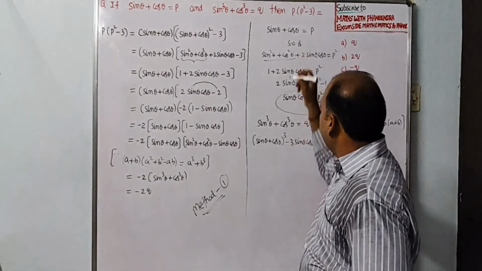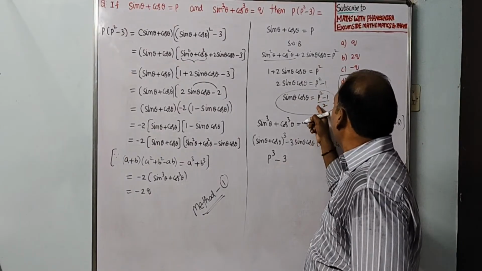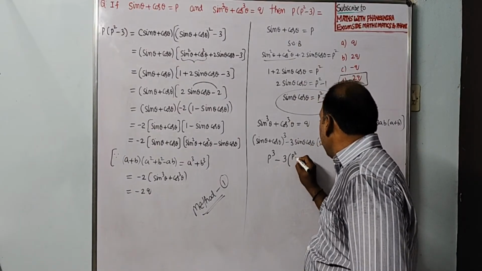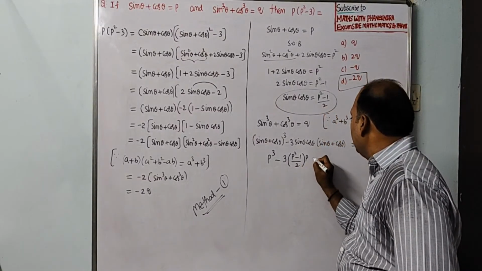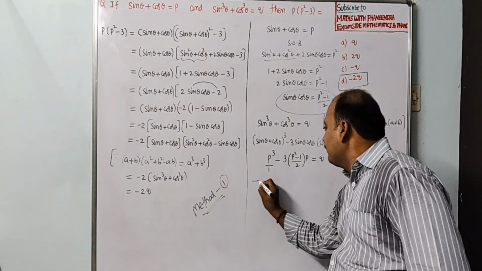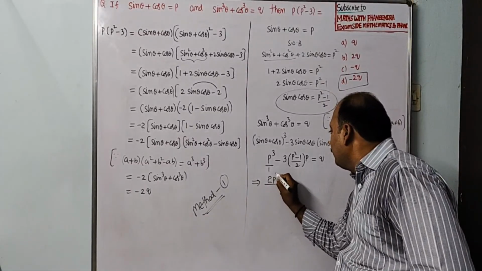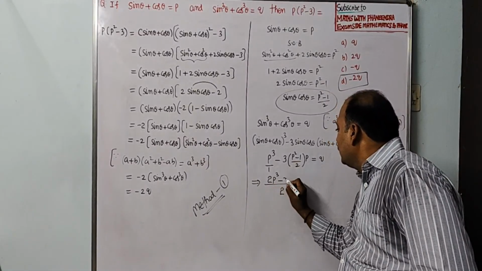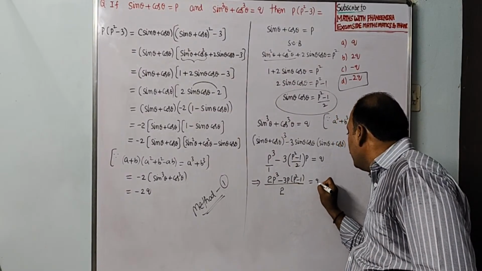So sin theta plus cos theta is p, no? So p cube minus 3 into sin theta cos theta value, this one, p square minus 1 divided by 2, into this value is p, is equal to q. So take LCM and simplify. 2 is the LCM, 2p cube minus 3p into p square minus 1 is equal to q.